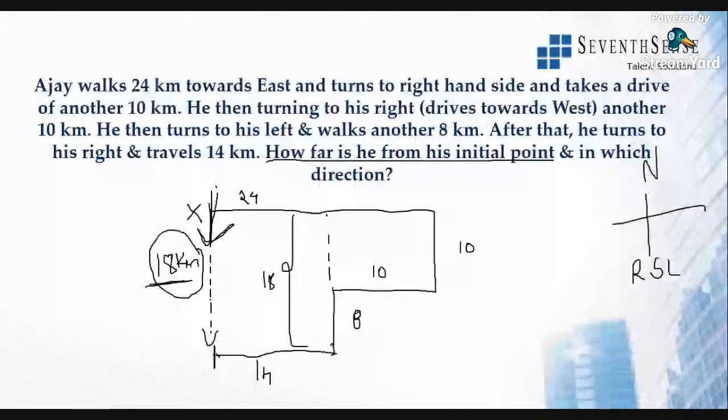Can you tell me which direction is he facing? He is facing towards east, because here he turns right and it still be this direction. But from starting point, he is towards south. We'll go on to the next question then.